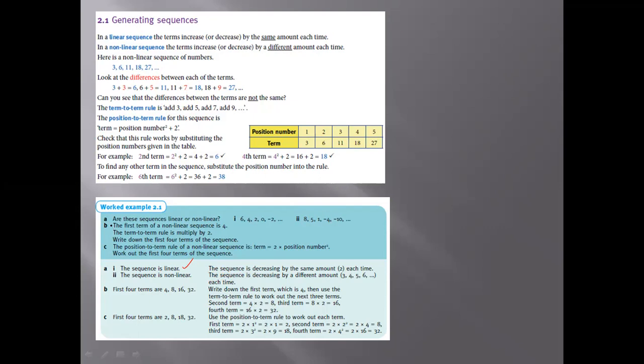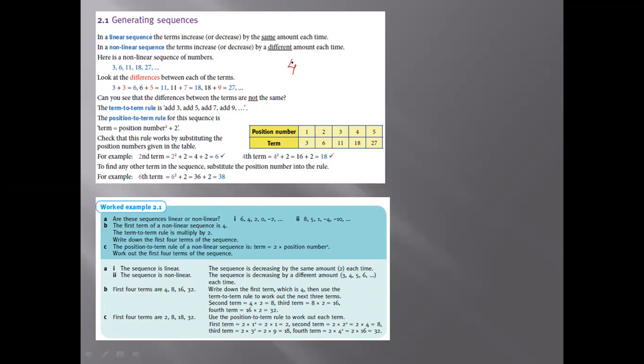And question B: the first term of a non-linear sequence is 4. The position number is 1, because the first term means the position number is 1. The term-to-term rule is multiply by 2.